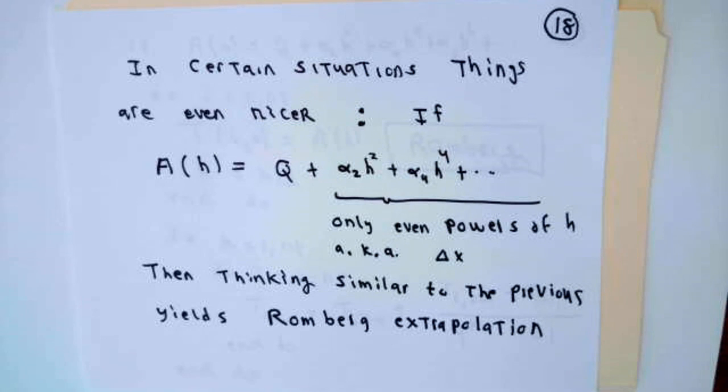If this is the case, you don't have to knock out the h to the first power term or the h cubed or the h to the fifth because they're not there to start with. Similar thinking to what we've done for Richardson's will reveal what changes we have to make in our algorithm, and it turns out to be practically nothing. This method that we'll get by doing this is called Romberg extrapolation.